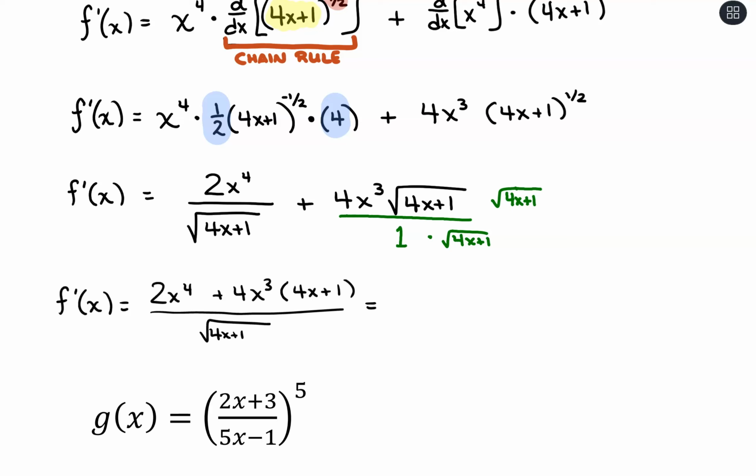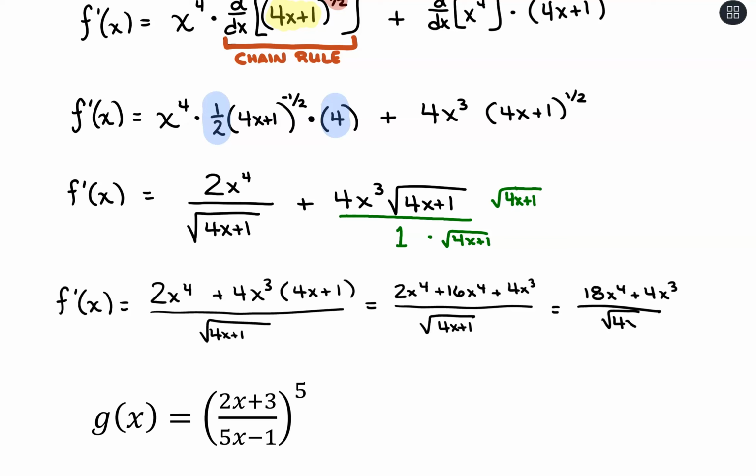And then we could simplify. So 2x to the 4th plus 16x to the 4th plus 4x cubed over root 4x plus 1. And then combine like terms for 18x to the 4th plus 4x cubed over root 4x plus 1.